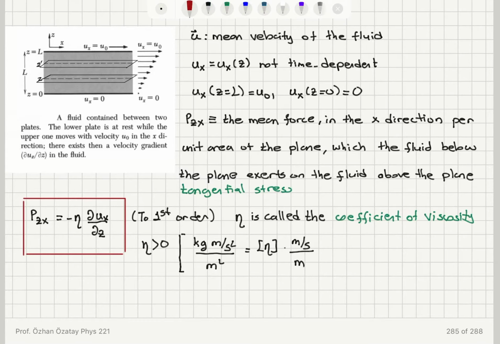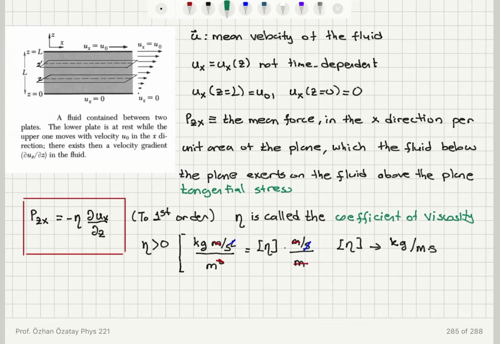So we find that this meter will disappear with this meter, and then we will have the second disappearing with this second, and therefore we find that the dimension of eta shows us a unit of kilograms per meter second.